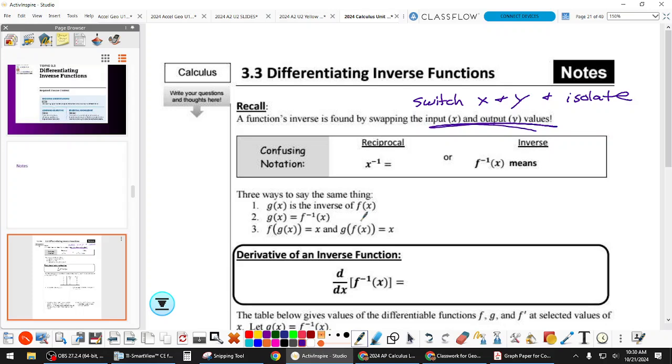And it's a little bit confusing now because we've seen this x to the negative 1 means 1 over x. But f to the negative 1 does not mean 1 over f. It means the inverse of f of x. So you have to use context to know this, right?